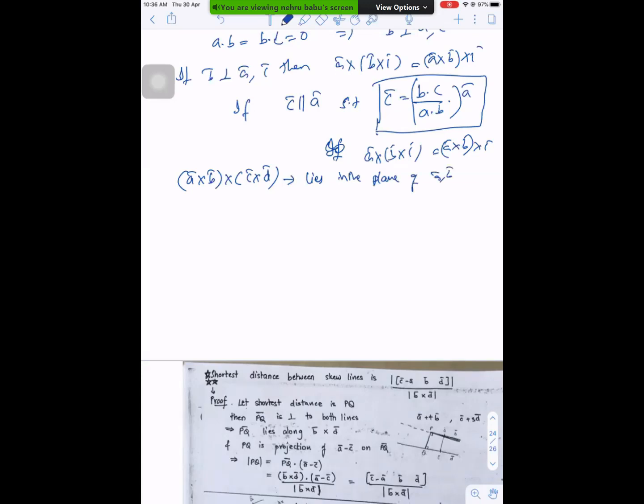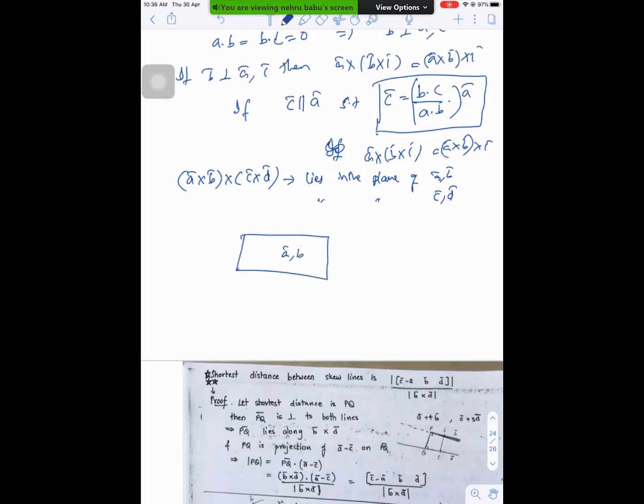In the same way, in view of C cross D, if you see also, it lies in the plane of C bar and D bar also. So (A cross B) cross (C cross D) lies in the plane of A bar and B bar, and it lies in the plane of C bar and D bar. Means indirectly, if you take the plane of A bar and B bar and the plane of C bar and D bar, they will intersect in a line.